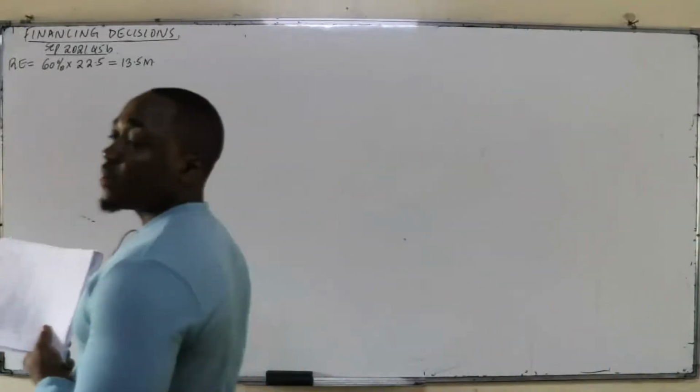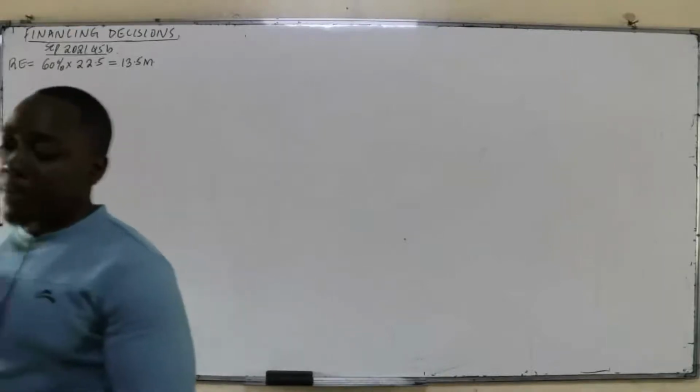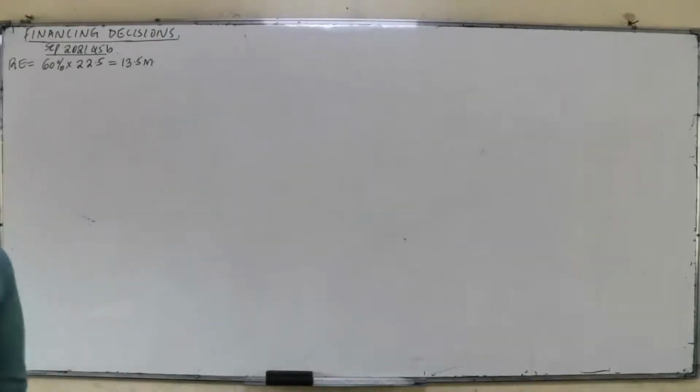What is D1? Expected dividend per share. This is what we are given, that the ordinary shareholders expect a dividend of 6 per share for the year ending 31st December 2021. So that's D1. The annual growth rate in dividend is 6% per annum. So that's G.